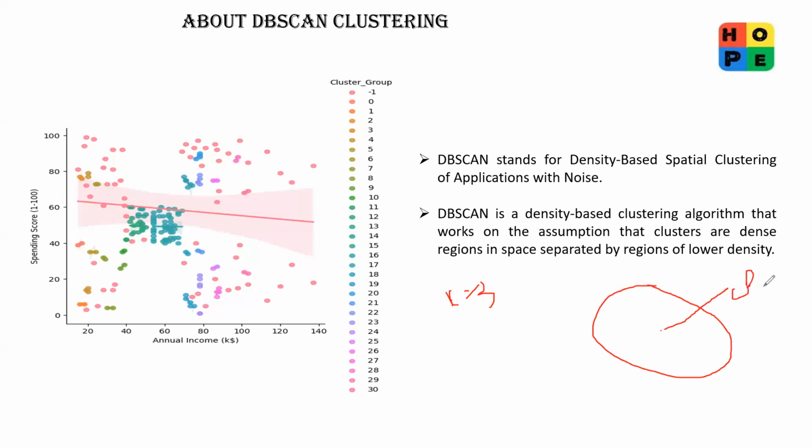I'm sorry, I'm bad at writing. Since I gave the epsilon value 3, I have one more data point here, and one more data point here, which means this is my cluster.